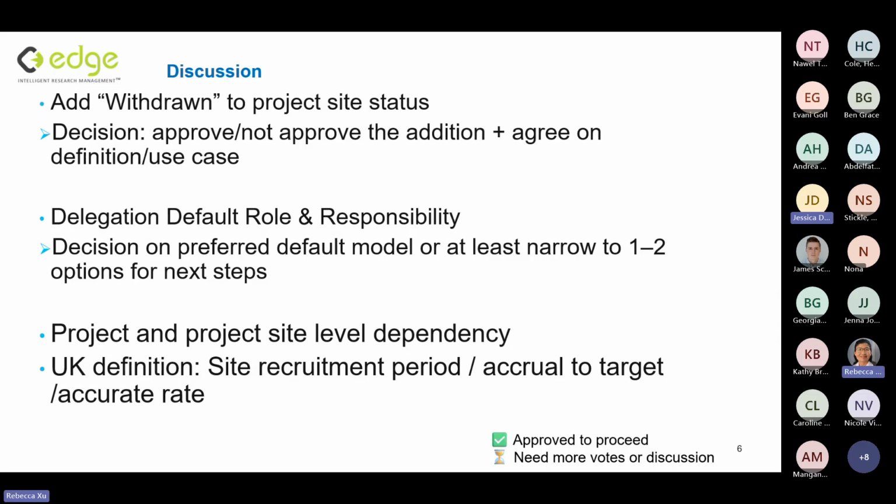Yeah. So in one of the meetings JCC raised that for the project site overview pages, there's a site recruitment period calculation and also accrual to target, accrual rate, but it goes by the UK definition. But Canada uses it differently.